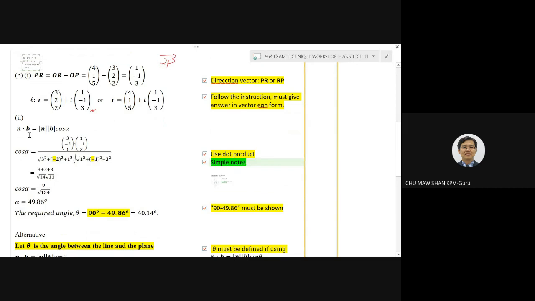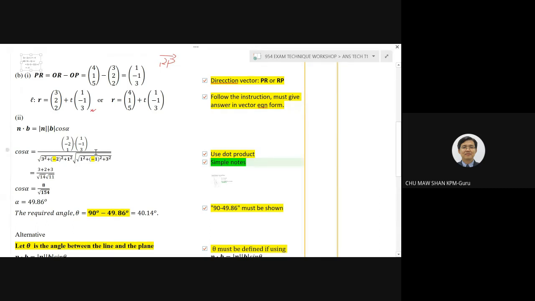Now, if I use dot product, this formula itself is to get the angle between the two vectors, right? This is just the angle between the vector B and the vector N. So the alpha we obtain is the angle between the two vectors only.